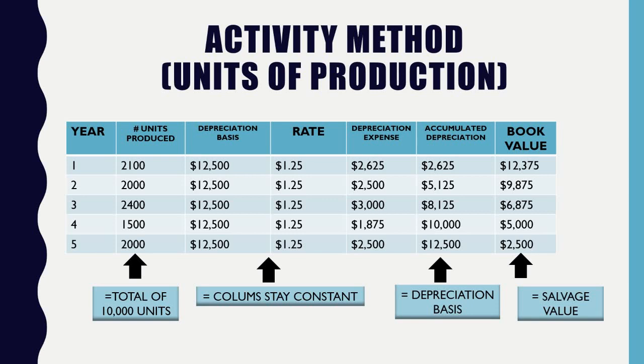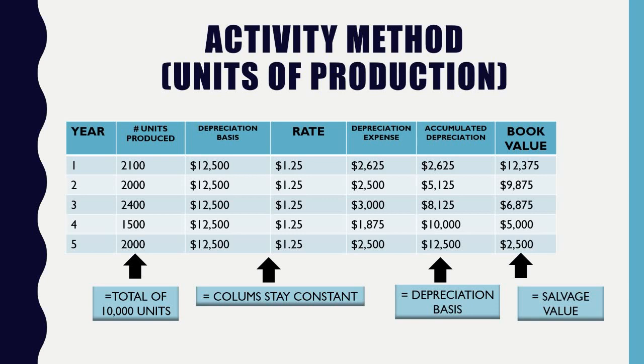It's going to be consistent, it's going to stay the same. Okay? And the only difference is when you're calculating your depreciation expense, it's going to be based on the number of units that you produce that year. So that's going to fluctuate. Okay? And notice this, at the end of its life, so 5 years, right?